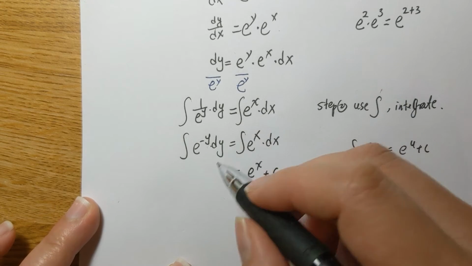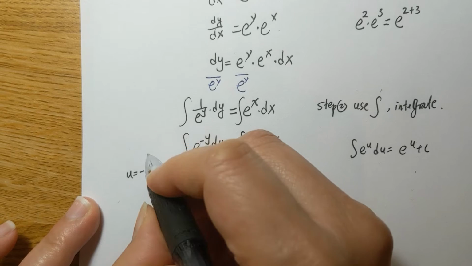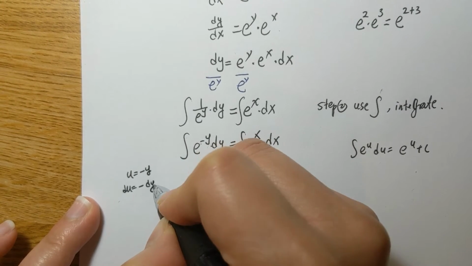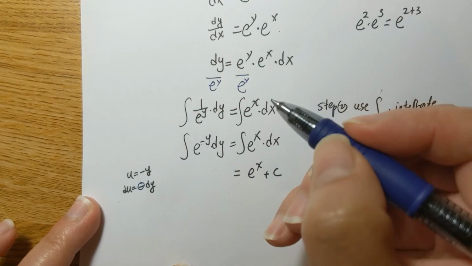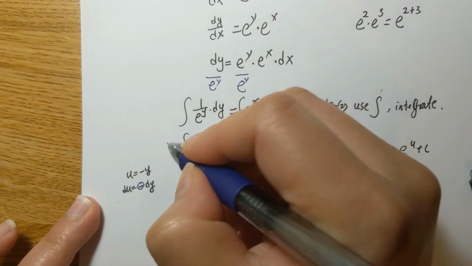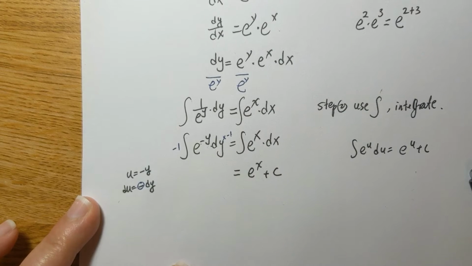Now let's take a look at the left side. We get negative y, so we're going to make u equal to negative y, du equal to negative dy. So over here, we need to have a negative sign, so we times negative 1 and then times negative 1. Negative, negative cancel each other out.